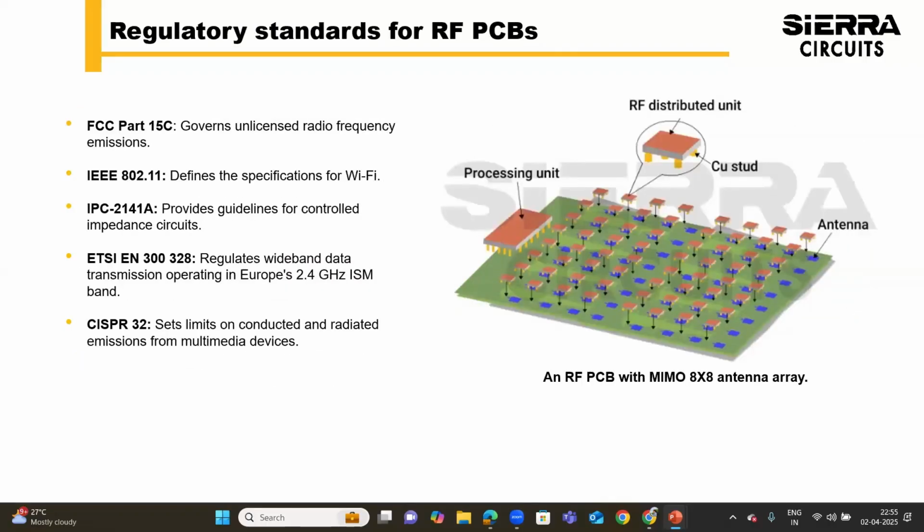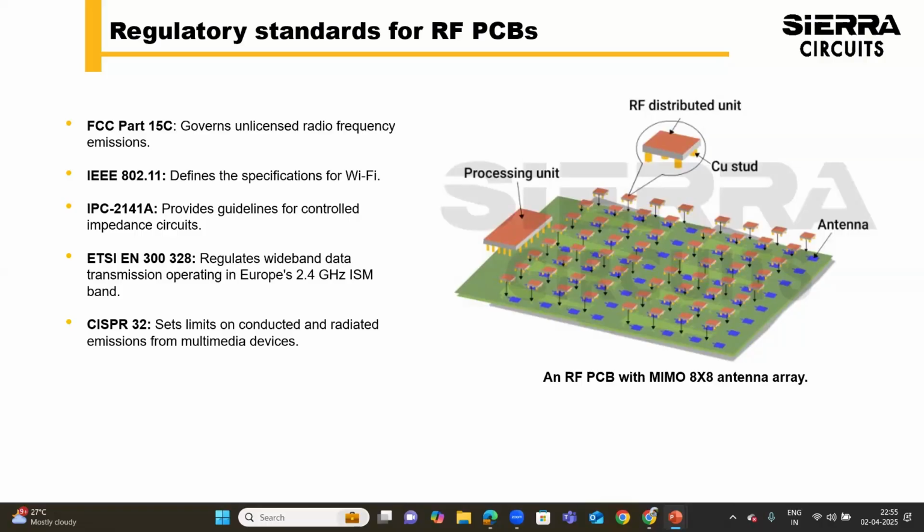Before launching your RF product, compliance with regulatory standards is also essential. There are several regulatory standards that you need to be aware of. First, let's talk about FCC Part 15C. This regulation governs unlicensed radio frequency emissions. Then next we have the IEEE 802.11, which defines specifications for Wi-Fi.